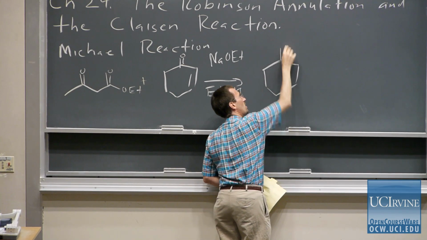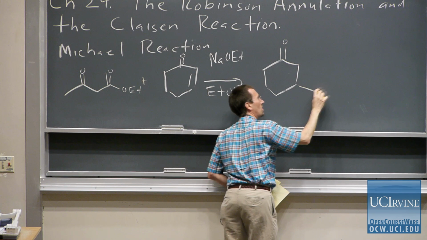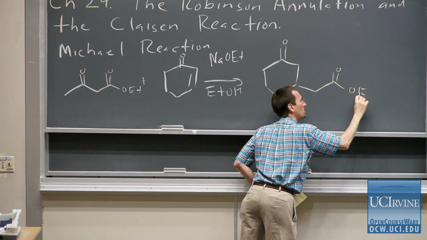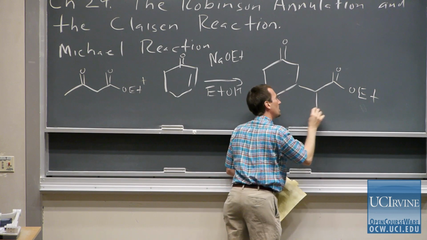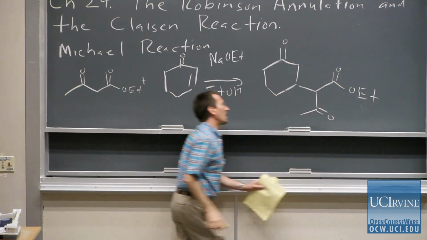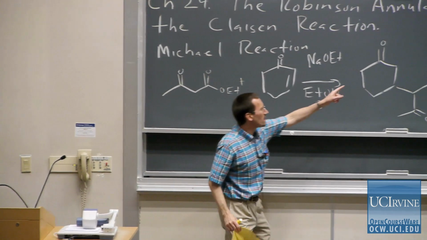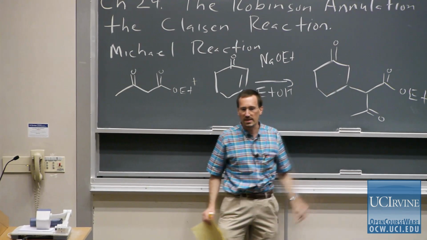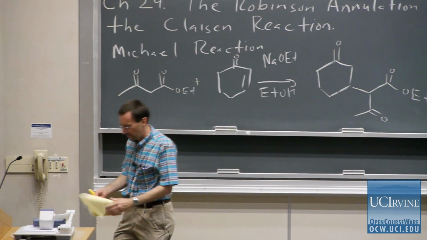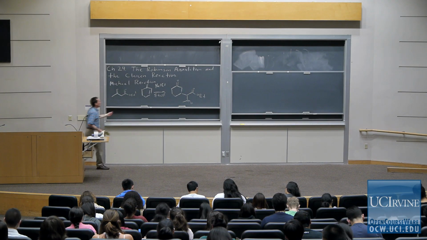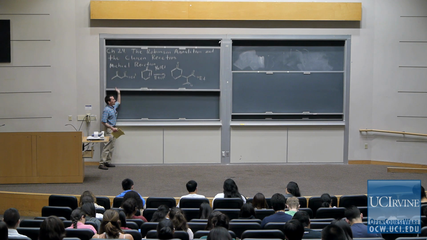This is all in your notes for the mechanism, so I'm not going to rewrite it, but I want you to process it in your head. We get a conjugate addition of the enolate to generate a new enolate and then protonation to give a ketone. And we see we get a 1,5 carbonyl compound. So that was one of the things we learned last time.